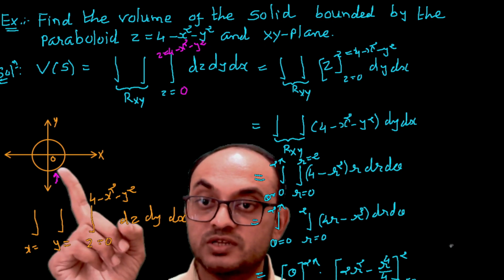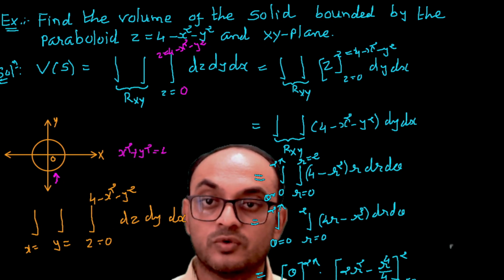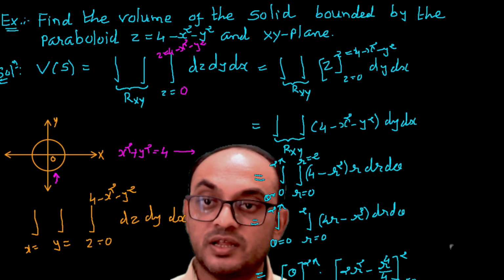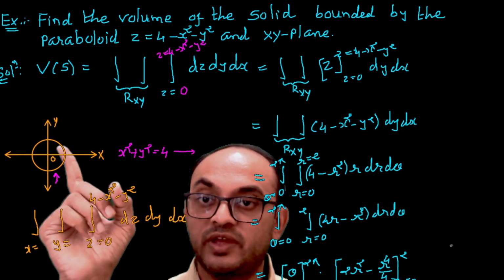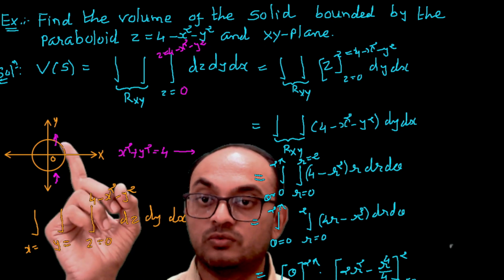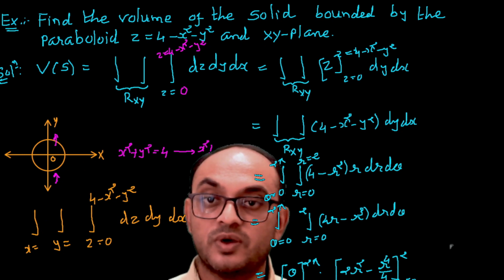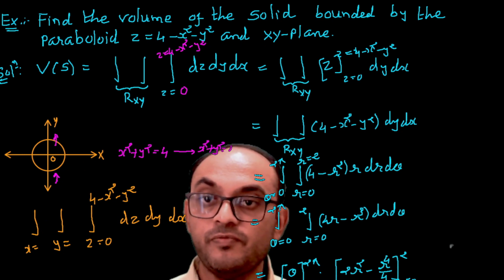What is the equation of this curve? x square plus y square is equal to 4. We go inside the region and we exit from this curve. What is the equation of this curve? Again x square plus y square equal to 4, right?